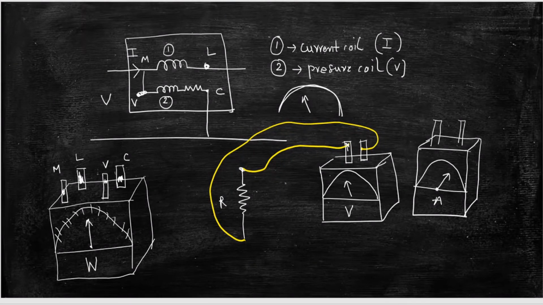So the voltmeter will have two terminals, the ammeter will have two terminals, and your wattmeter will have four terminals called MLCV. I can't always represent the wattmeter like this, so I will go for this representation.